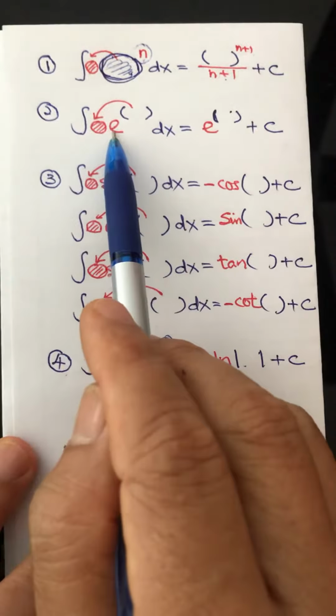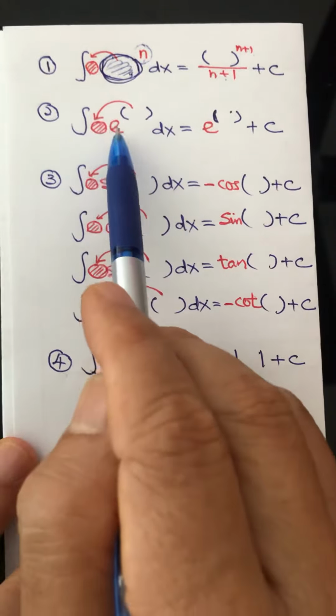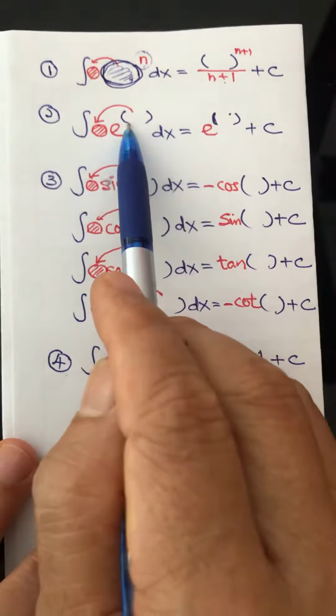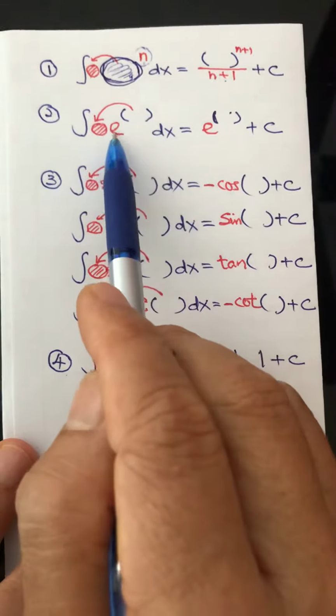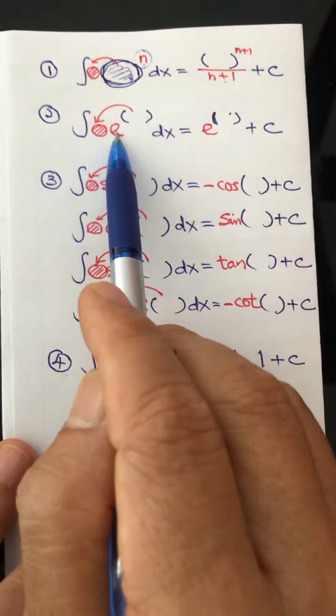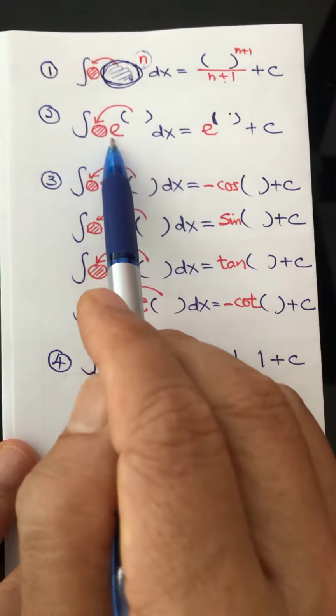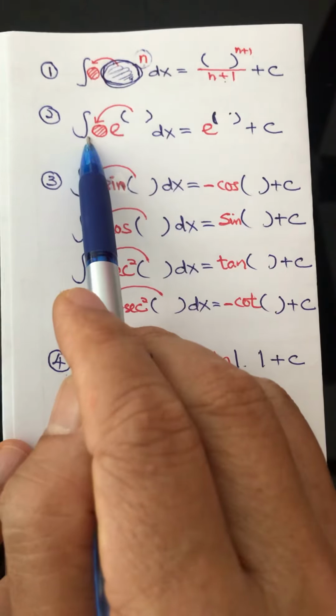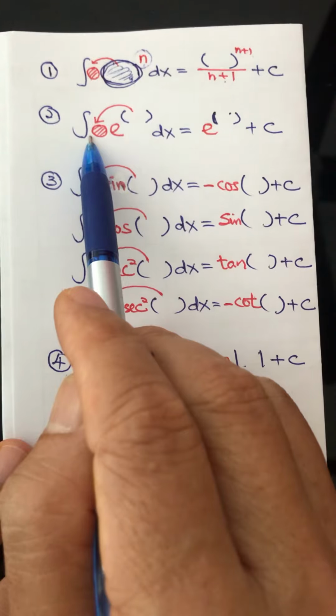Okay, when you come to exponential, that means the bracket is on top. Then the exponential is outside. That means this exponential is the function that you want to change in this integration. When we do integration and differentiation, we are changing the function.